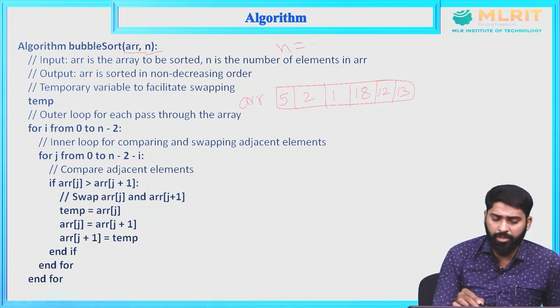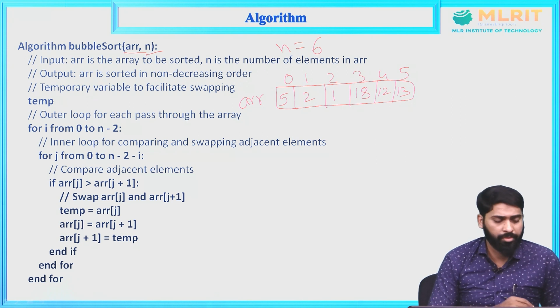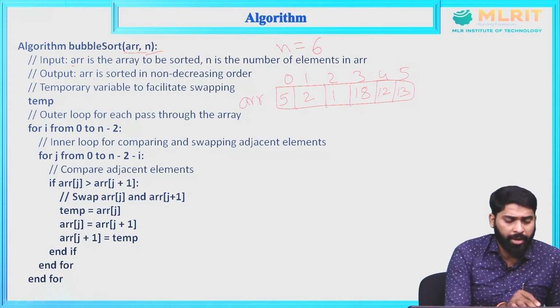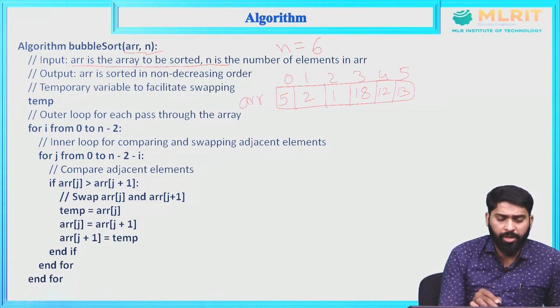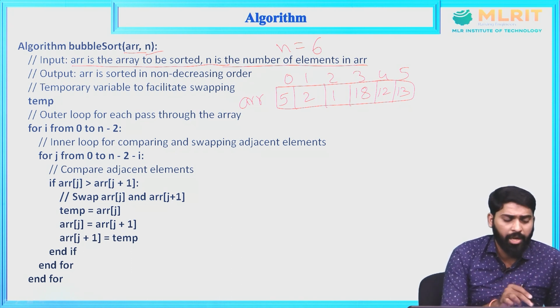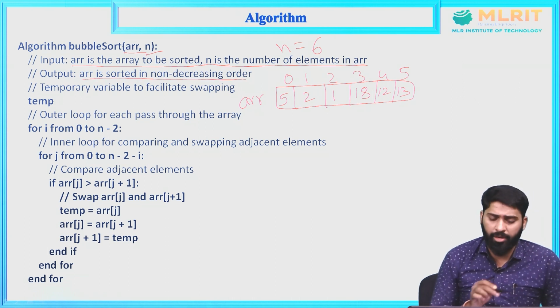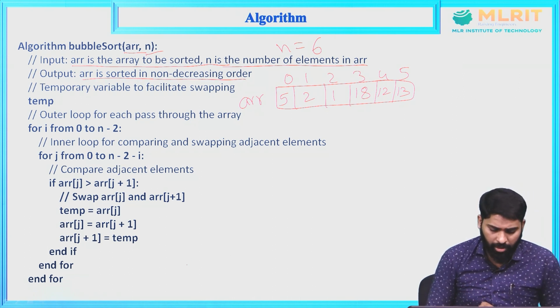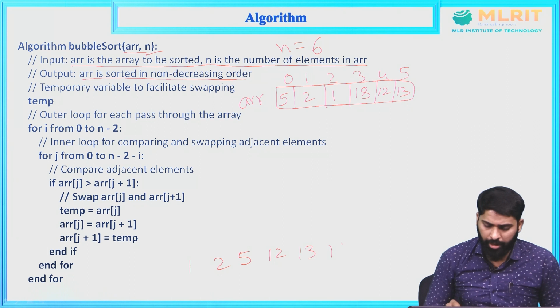In this case the indexes are 0, 1, 2, 3, 4, 5, the size is 6, so n equals 6. Input: ARR is the array to be sorted, n is the number of elements in ARR. Output: ARR is sorted in non-decreasing order. That means at the end of this algorithm, it changes to 1, 2, 5, 12, 13, 18.